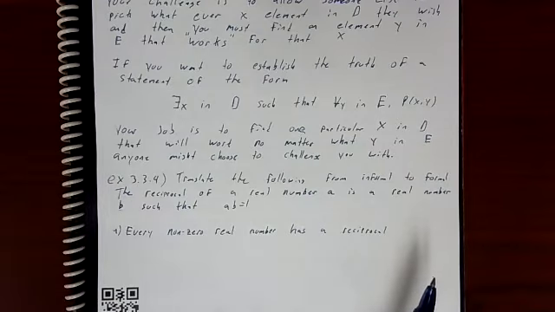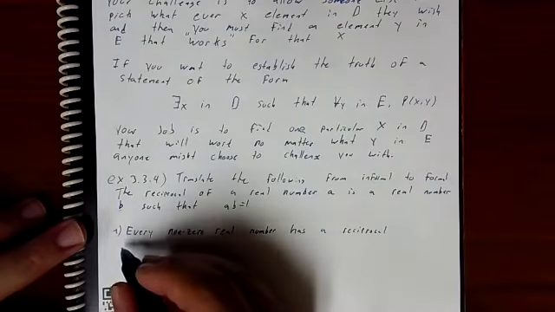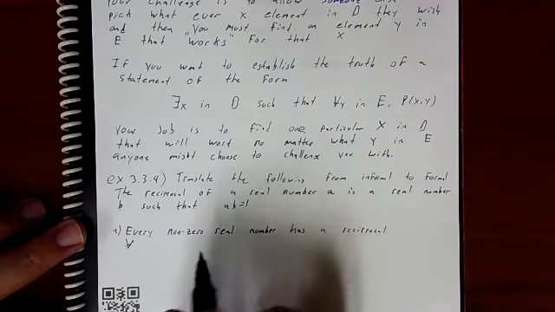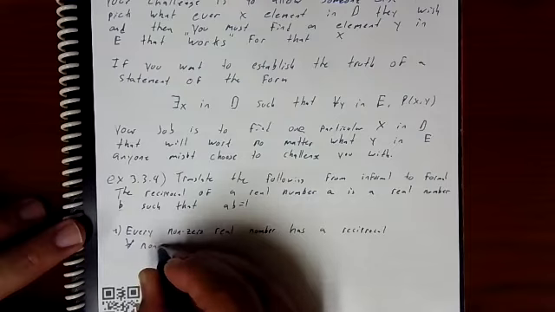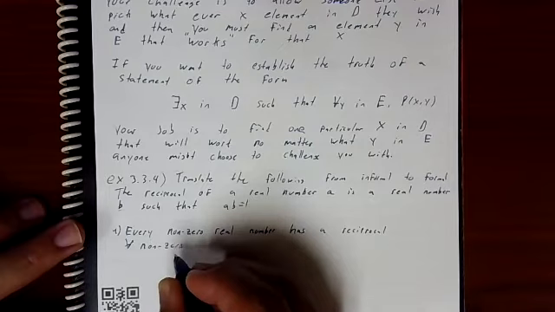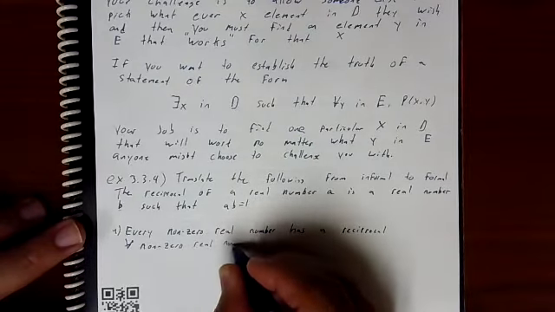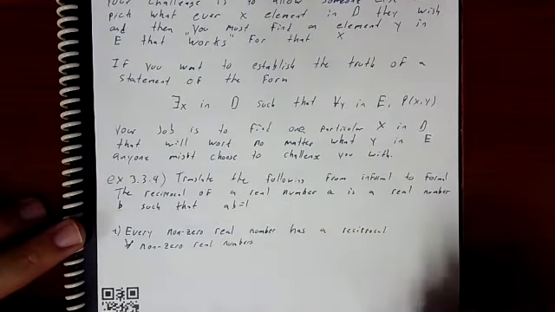Okay, so how do we translate this? Here, every is an absolute quantifier, right? So you would say for all non-zero real numbers, we can use x, it doesn't really matter, or the book uses u.